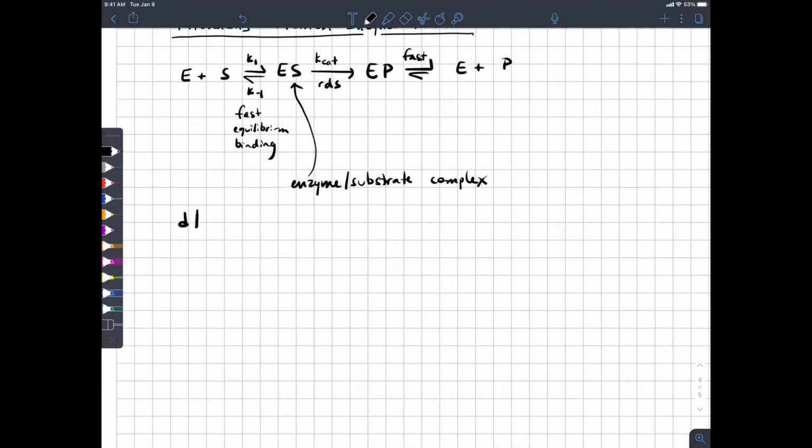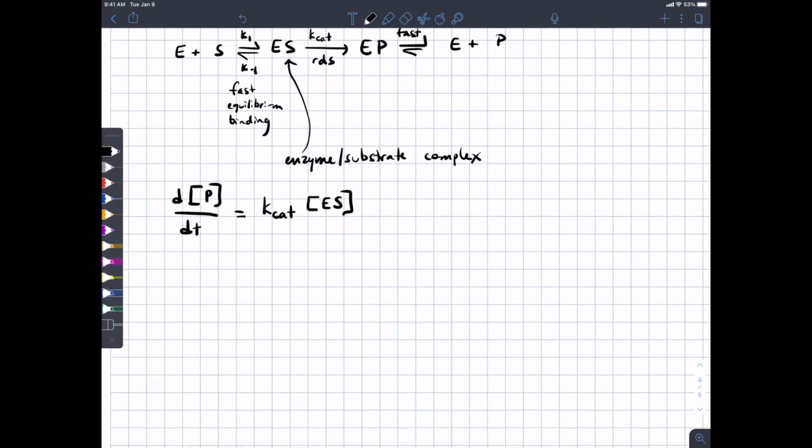And so the appearance of our product should be equal to the Kcat rate constant times the concentration of the enzyme substrate complex, which we don't know. And because the enzyme is a catalyst and presumably is not present in very high concentration, we can use the steady state approximation to solve for the concentration of the enzyme substrate complex in terms of things that we do know or that we can know.